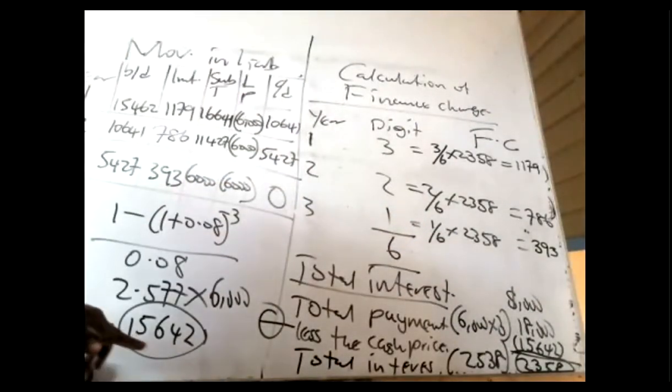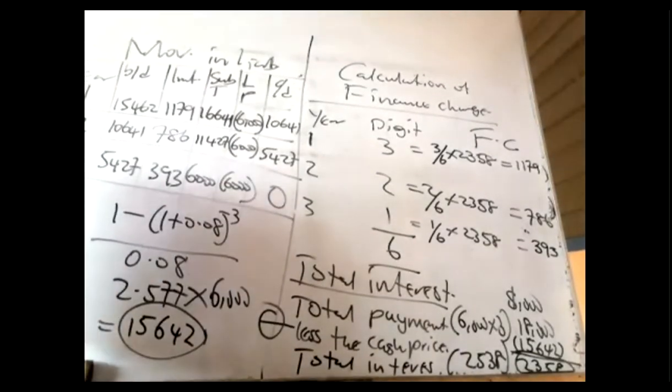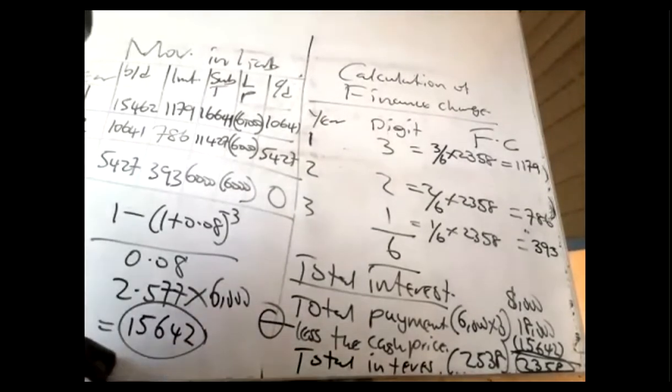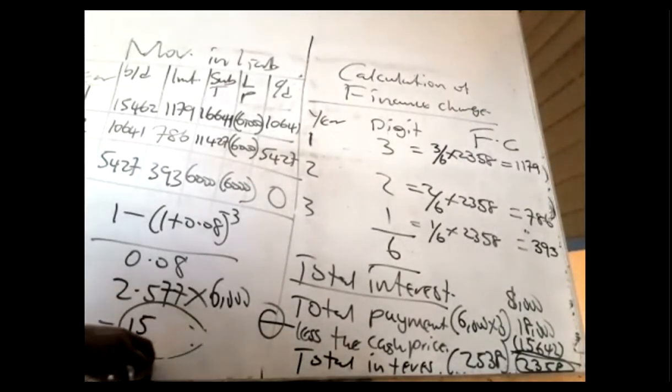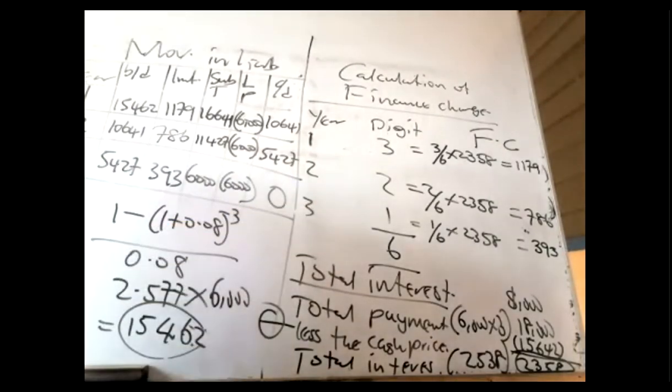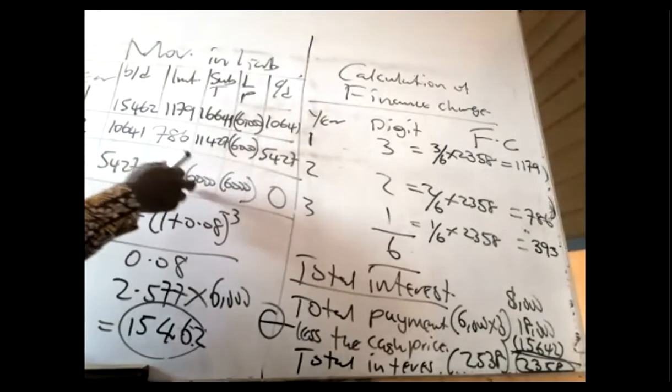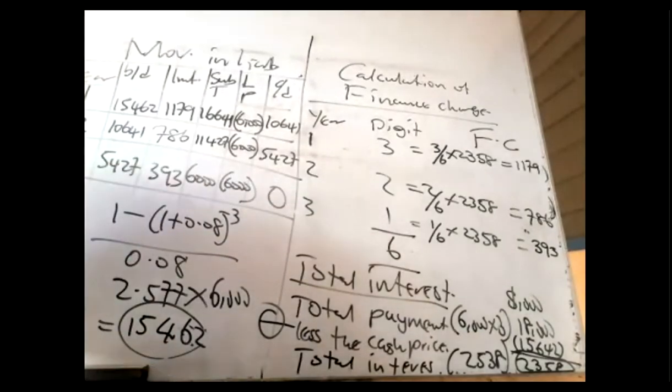It's 15,462. Agreed. Good. So 462, not the 642 that we used there. That's what is causing the difference. The difference between that figure is the same as the difference between this and this, like what we are getting.